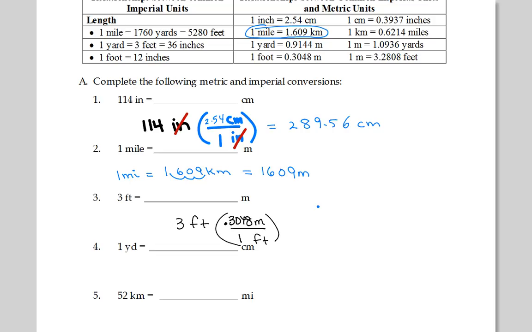So all you have to do is take 3 feet and multiply by 0.3048, and the feet will cancel. So I guess I'll do that for you. 3 times 0.3048. I'm getting 0.9144.